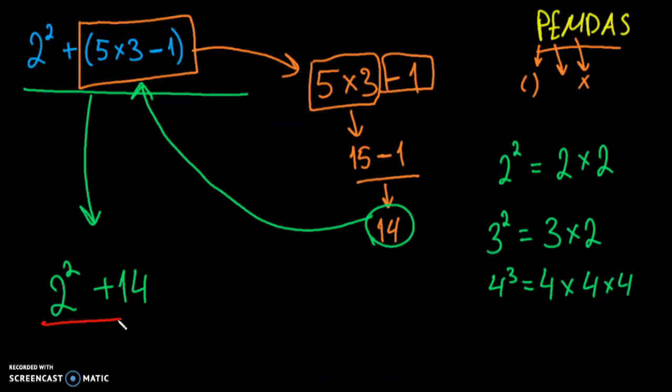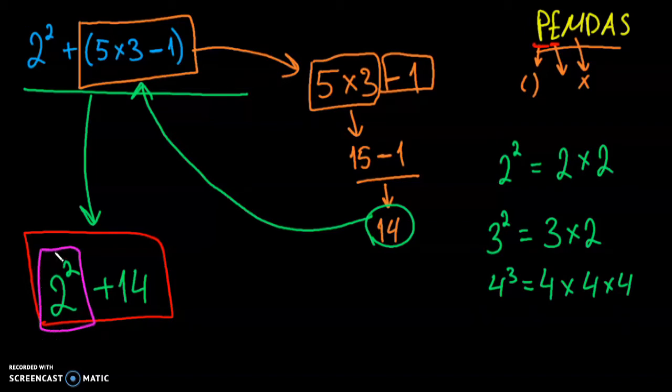So now, what do we do first? Do we have parentheses? No. Do I have exponents? Yes. We do that first. So we take 2 to the power of 2, which means 2 times 2. 2 times 2 is 4.